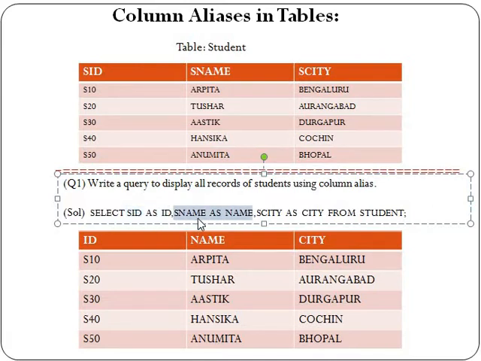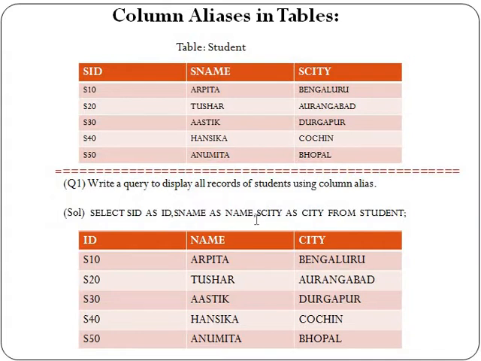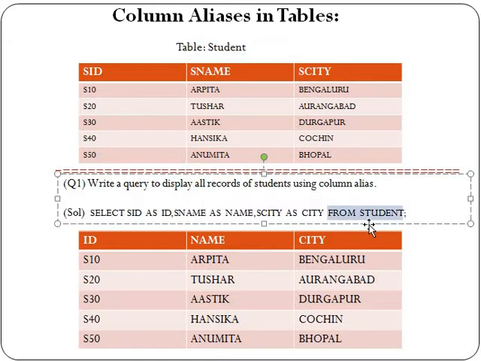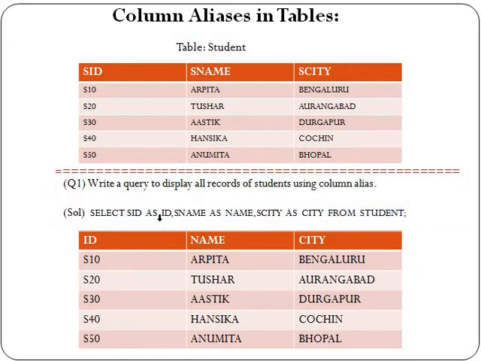Then put comma SNAME as name. Here name becomes the alias name for the column SNAME. Then comma SCT as city. In this case city becomes the alias name for the column SCT. Since I am going to display these columns from this table student, I write from student followed by a semicolon.